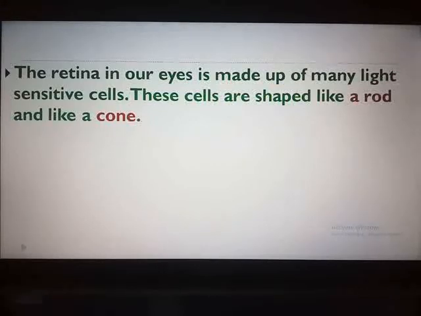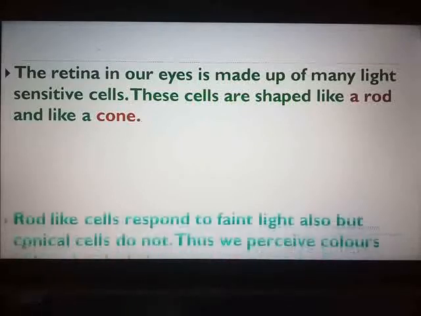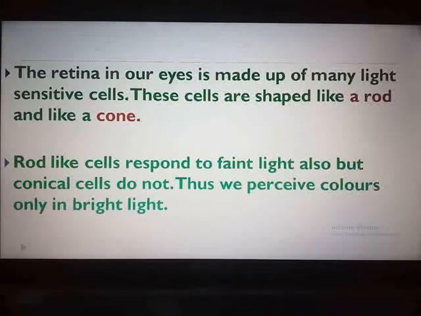The rod-like cells respond to the intensity of light and give information about brightness or dimness to the brain. The cone-like cells respond to color and give information about the color to the brain.